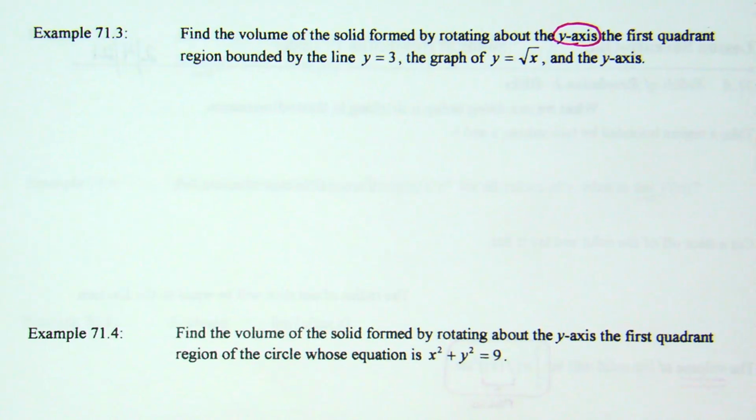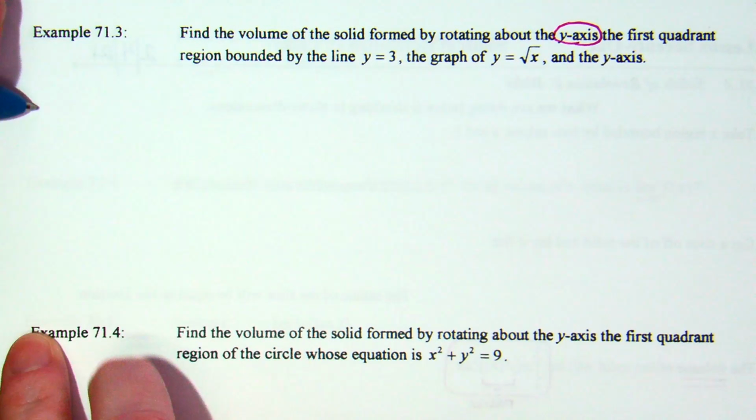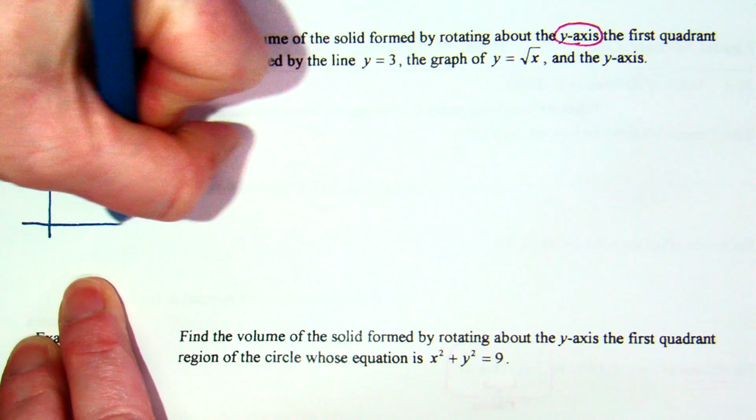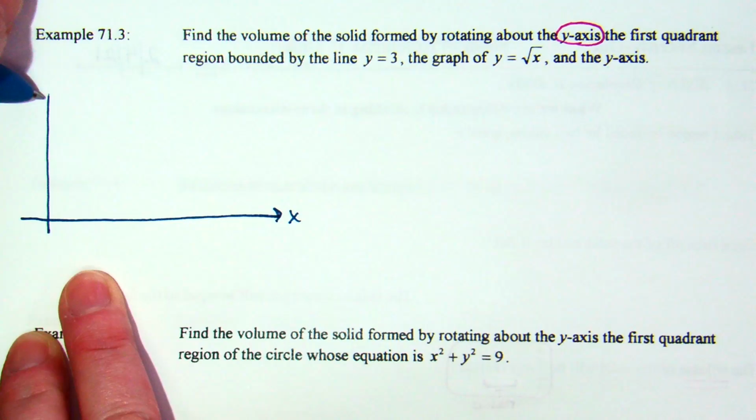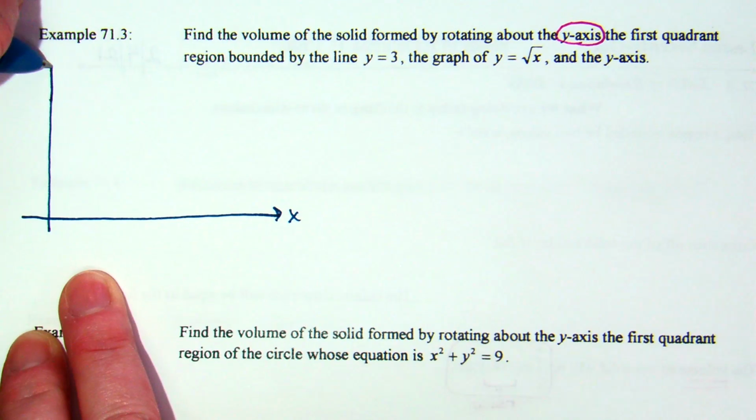So, let's look at this graph. You're always going to see me drawing a visual here. Okay, there's my x and y axis. Find the volume of the solid formed by rotating about the y-axis. I'll put my little reminder up here.